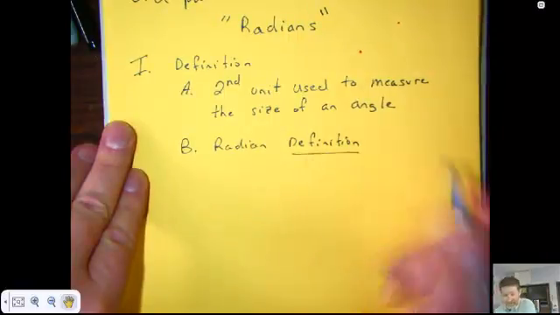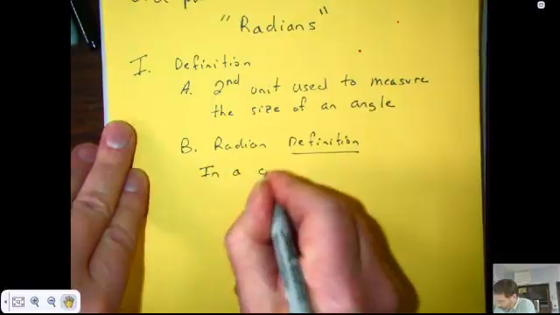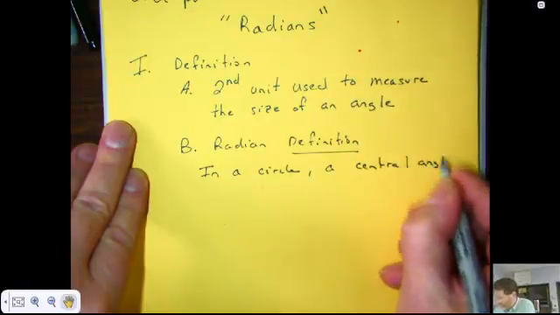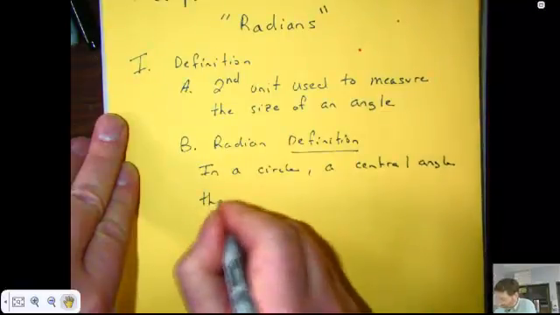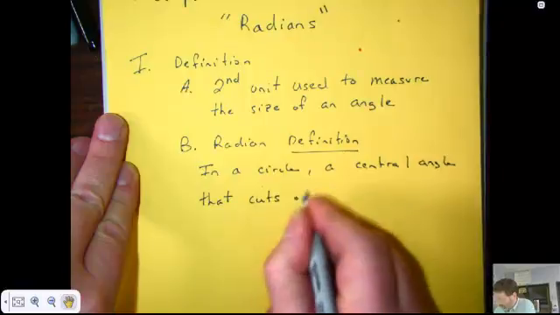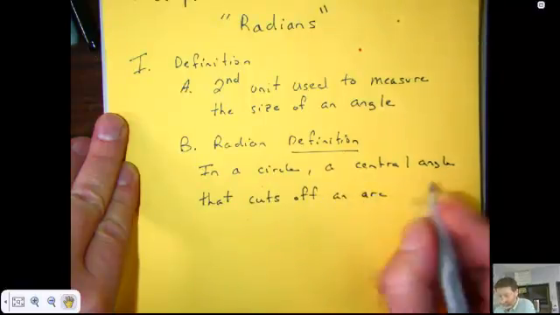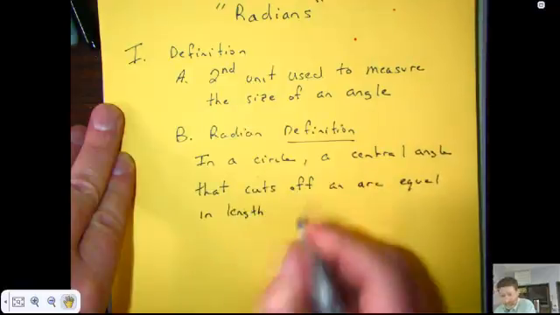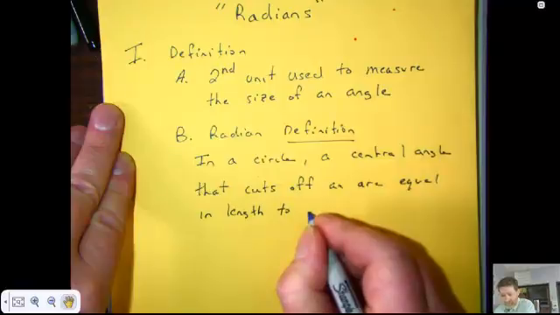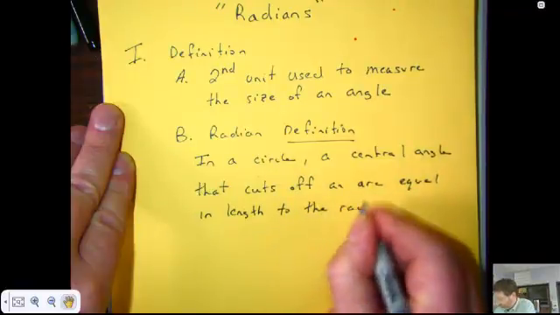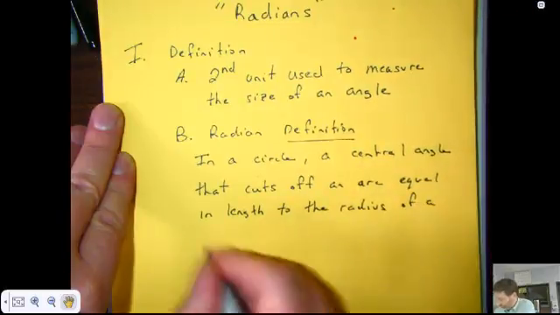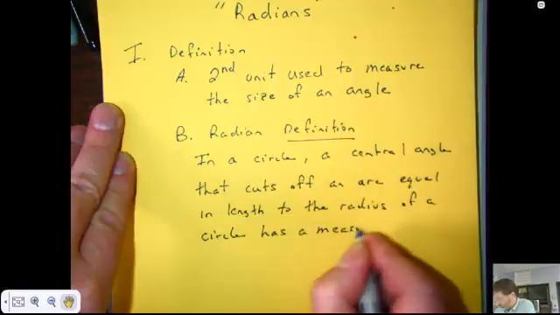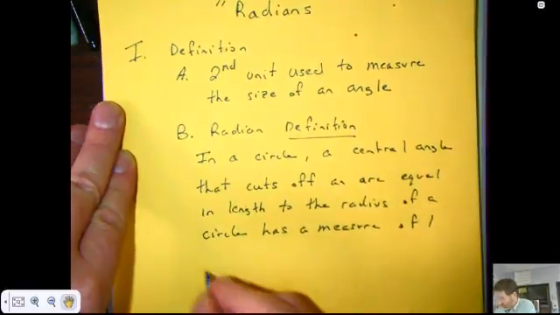So by the definition we say that in a circle a central angle that cuts off an arc equal in length to the radius of a circle has a measure of 1 radian.